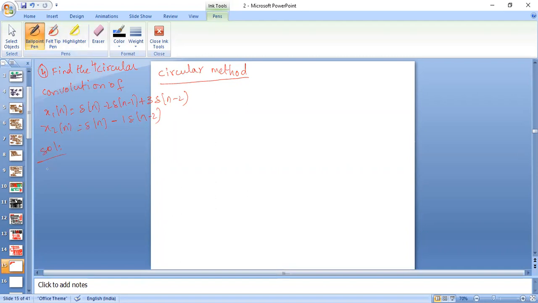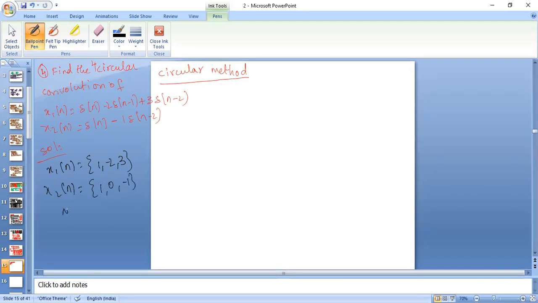So here x1 of n is equal to 1 minus 2 plus 3 and x2 of n is equal to 1 0 minus 1, right?